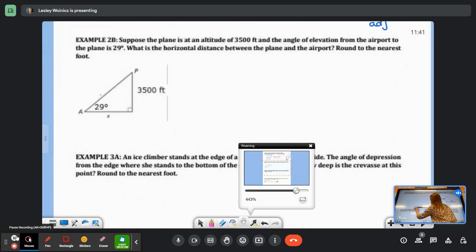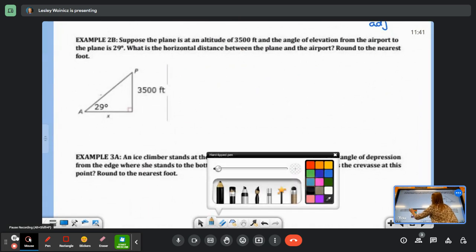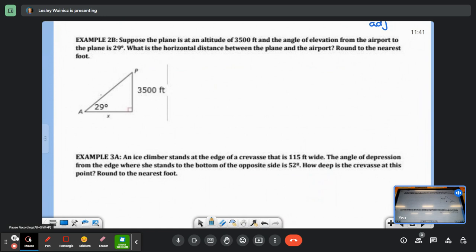Okay, let's try another one. Suppose we have a plane at an altitude of 3,500 feet. That doesn't seem high enough. And the angle of elevation from the airport to the plane is 29 degrees. Okay, so here's our little plane. What is the horizontal distance between the plane and the airport?